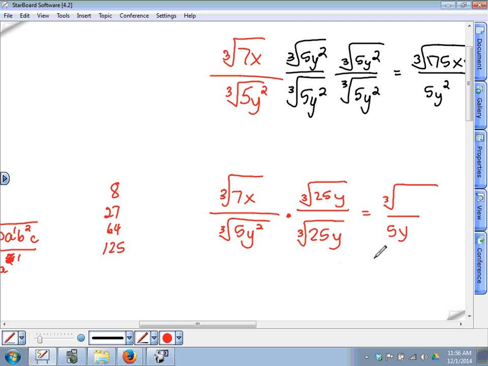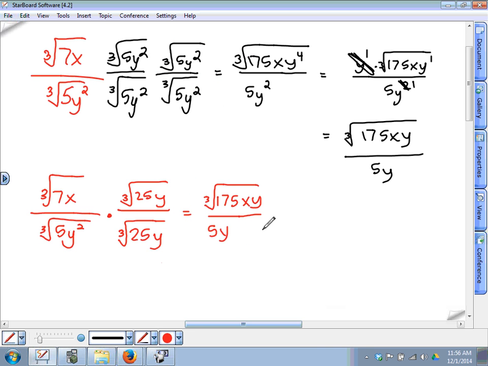And on the top, 7 times 25 is 175. And there's no simplifying we have to do. Compare, isn't it the same answer?